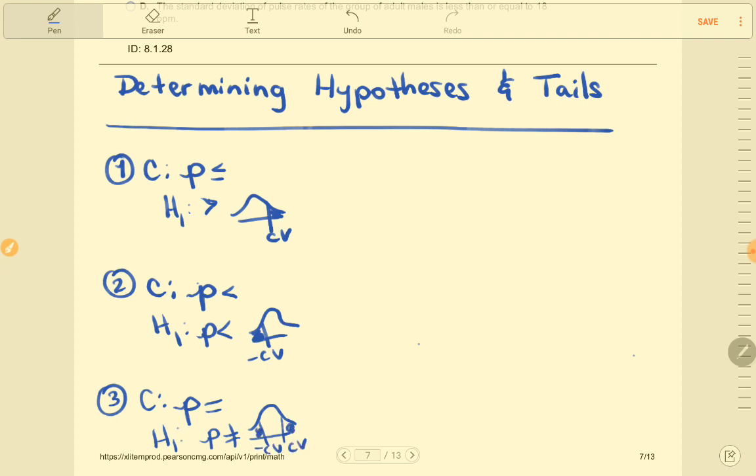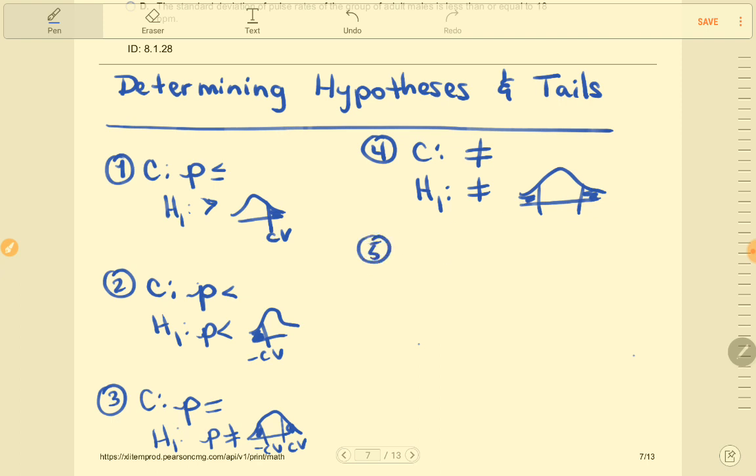So these critical values will be different than the absolute value of these because we'll have smaller areas in the tails. Then we have the claim where we used not equal, then the alternative used not equal as well. And again, we had the two tails. What about if the claim was this?